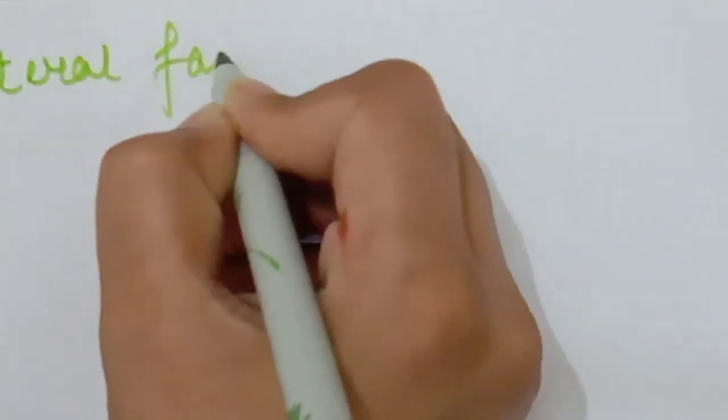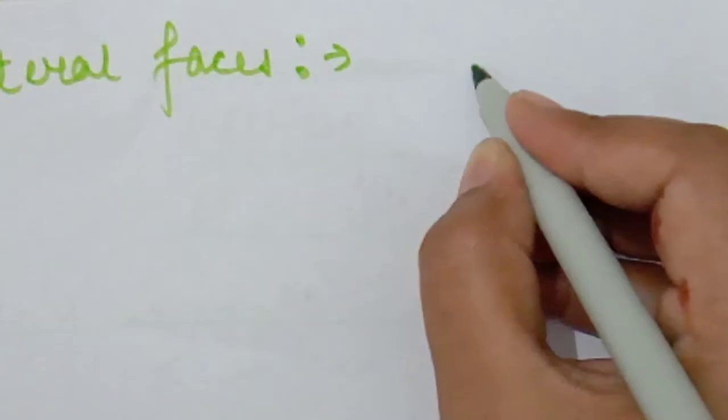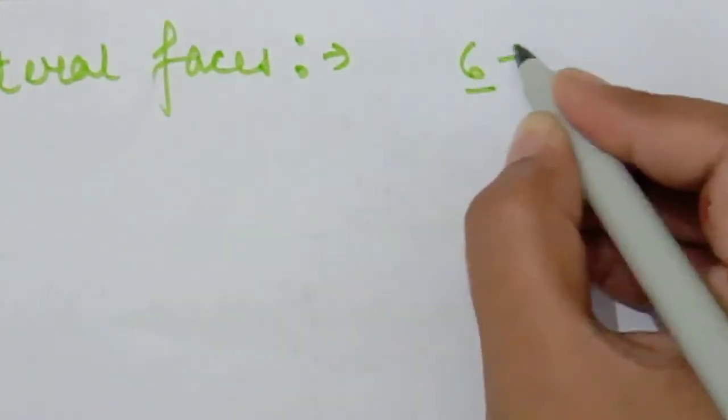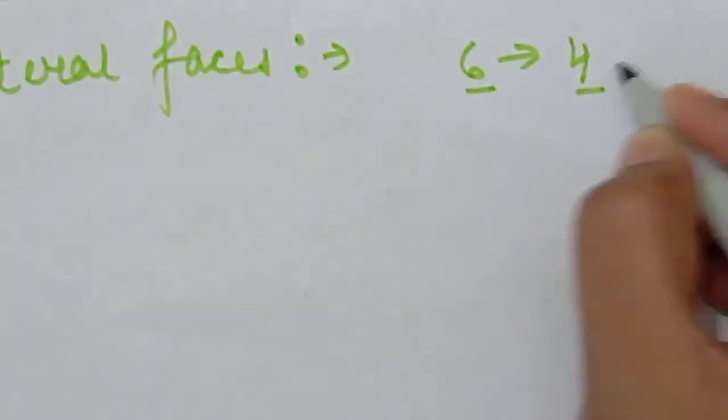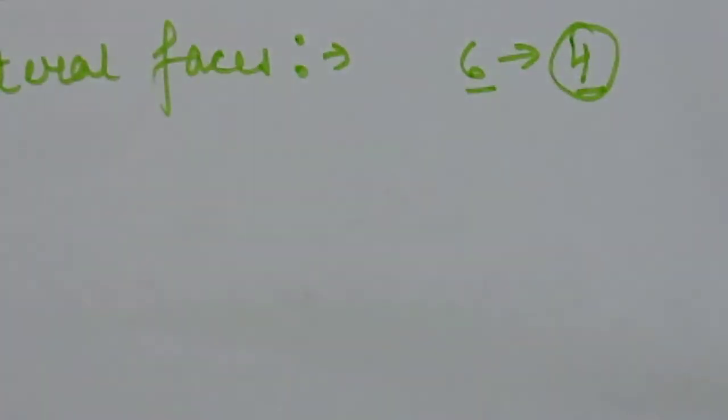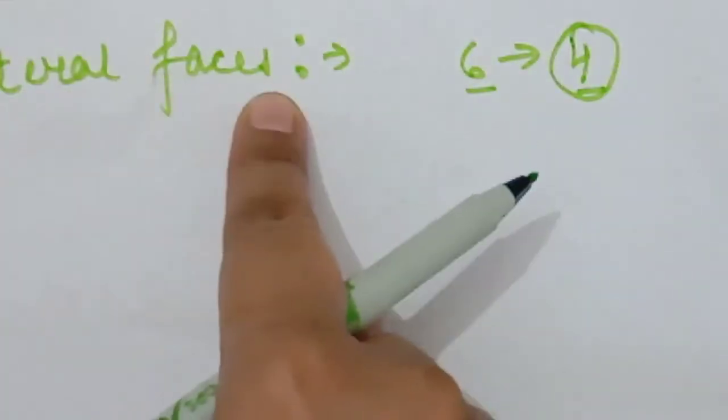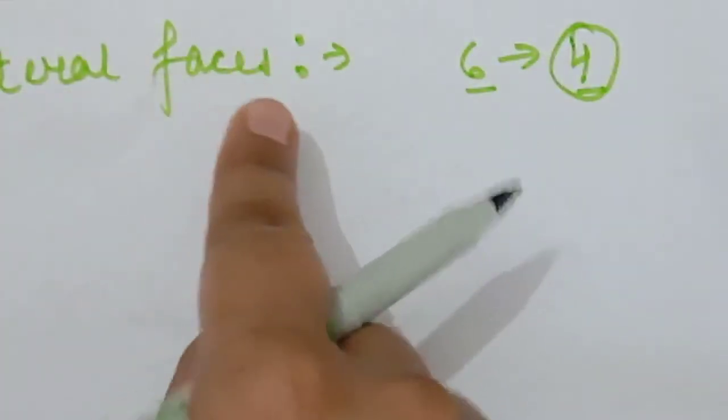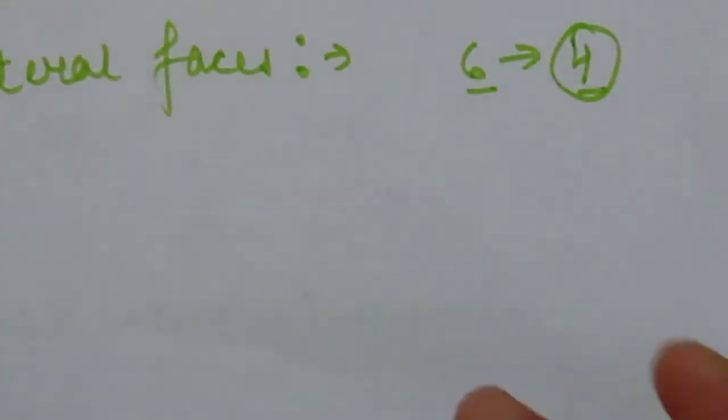So the next definition is lateral faces. In a cuboid we have 6 rectangular faces. Out of them we have 4 lateral faces. How can we say they are lateral? Lateral faces are those faces which touch the base.